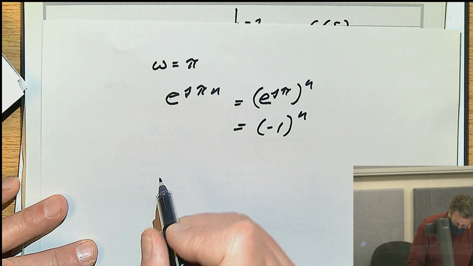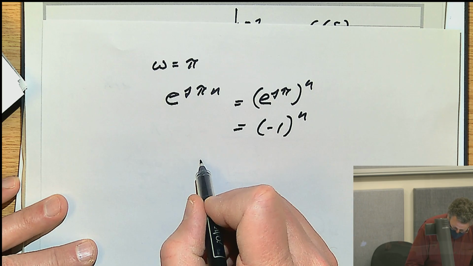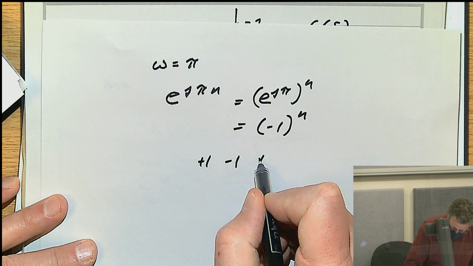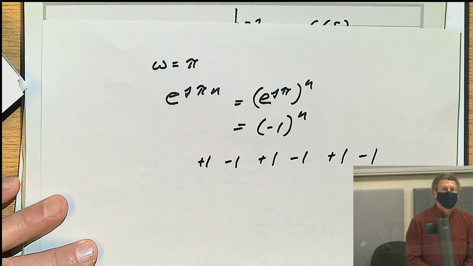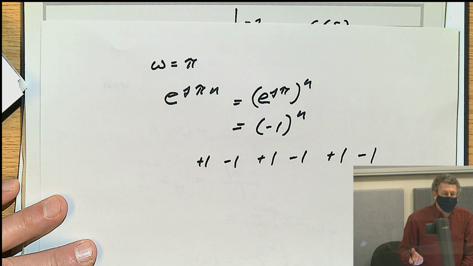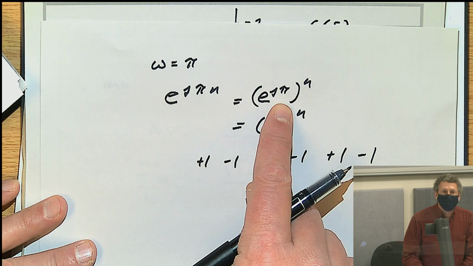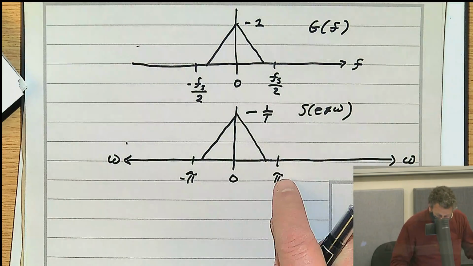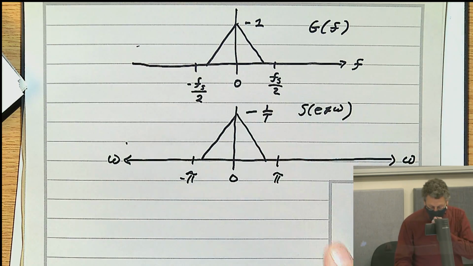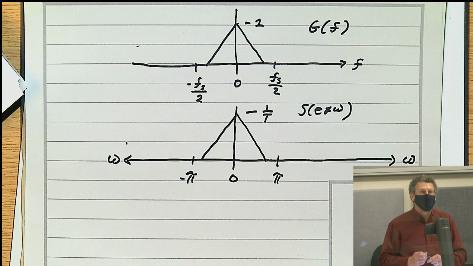And minus 1 to the n looks like plus 1, minus 1, plus 1, minus 1. You can't change any faster than that. So if I raise the frequency above this, the frequency is actually going to go down instead of up.